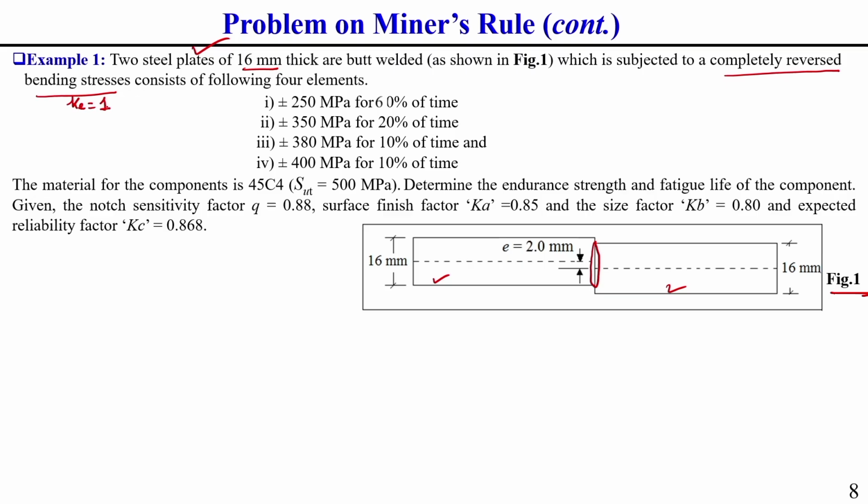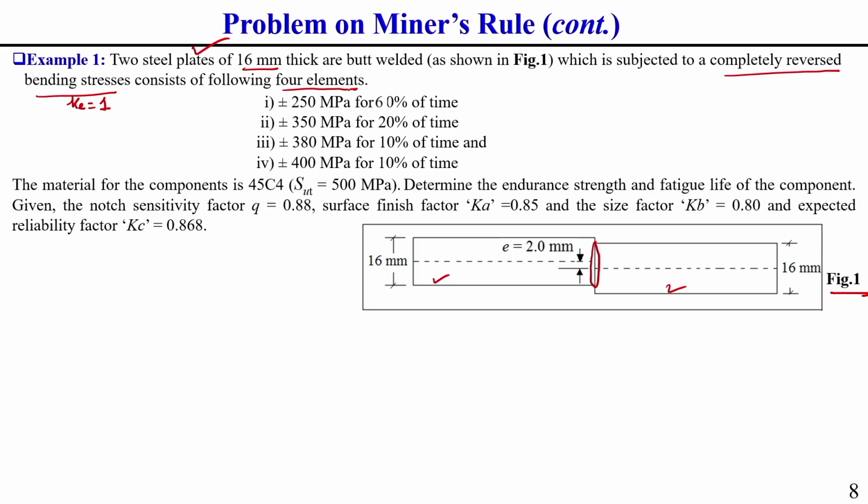We know that for reverse axial stress, Ke equals 0.85. Similarly, for reverse torsional stress, the Ke value is different, around 0.59, which is sometimes considered. So it is subjected to completely reverse bending stress, consisting of the following 4 elements.